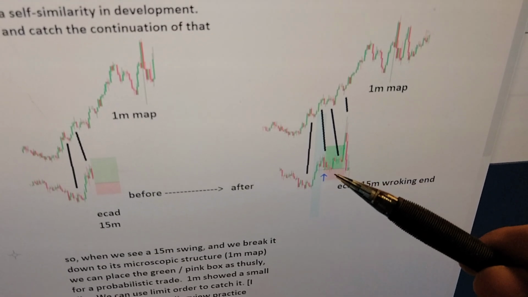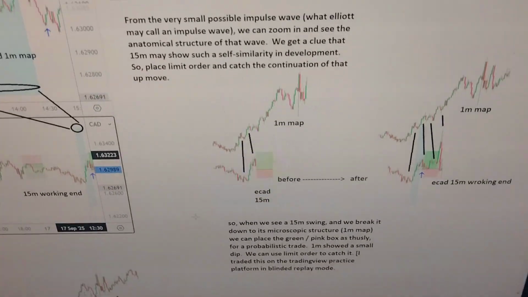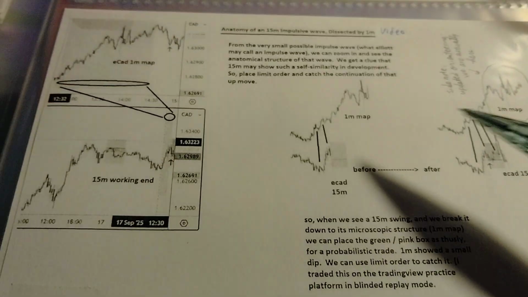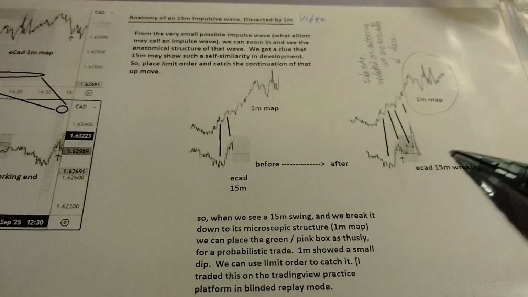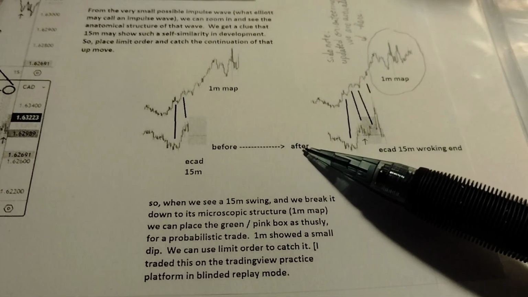The probabilistic bet. You are not seeking certainty, but a high probability setup. By aligning the macro trend, 15 text M, with the microstructure, 1 text M, you are stacking the odds in your favor that the upward momentum will continue after a brief pause. As your after chart shows, the trade played out exactly as hypothesized.